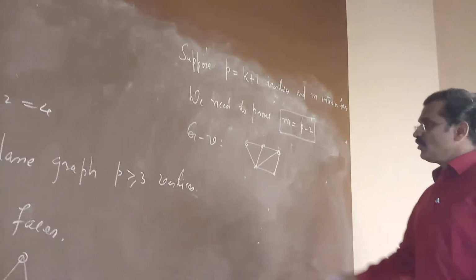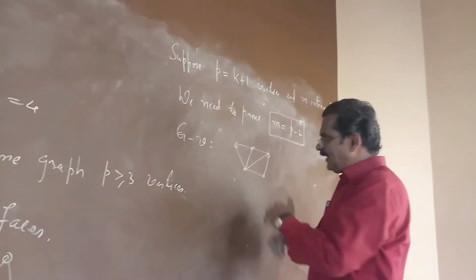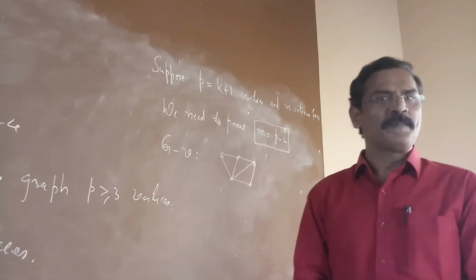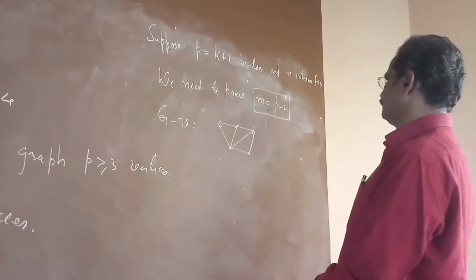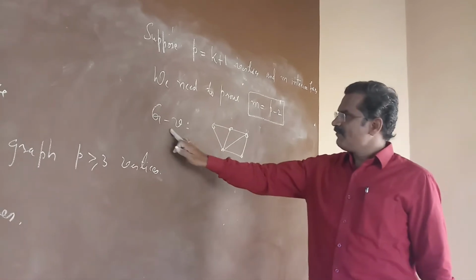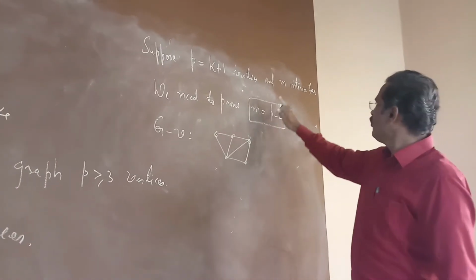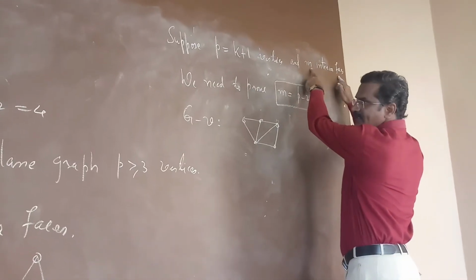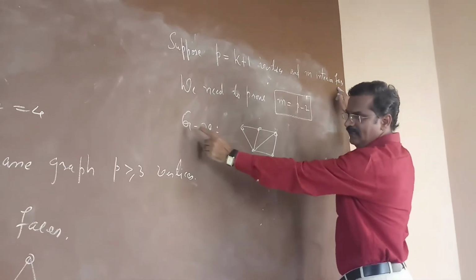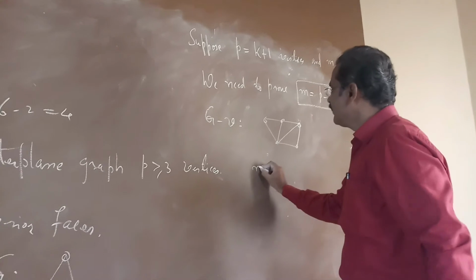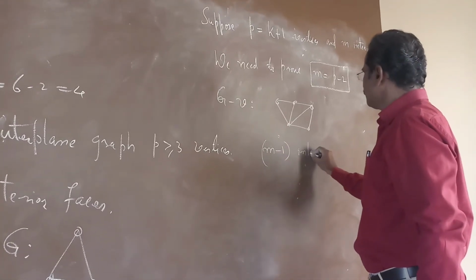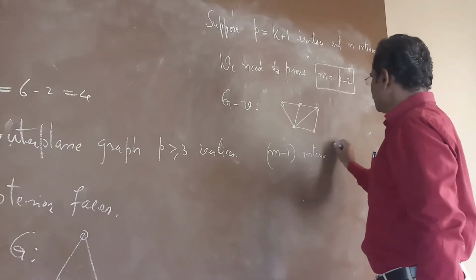Okay, this is the graph G minus V. So how many interior faces does the graph G minus V have? Earlier it had M interior faces. By deleting one vertex, the graph G minus V has M minus 1 interior faces.